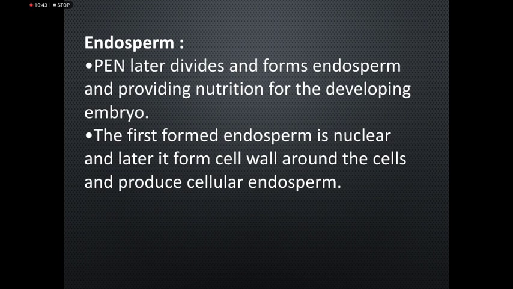The first formed endosperm is nuclear, and later it forms cell walls around the cells and produces cellular endosperm. That means in the first condition they are in a free state called nuclear form. Then later cell walls are produced around them and form cellular.